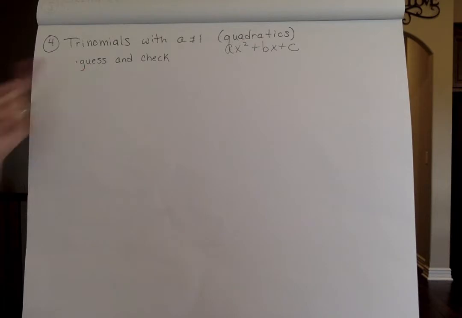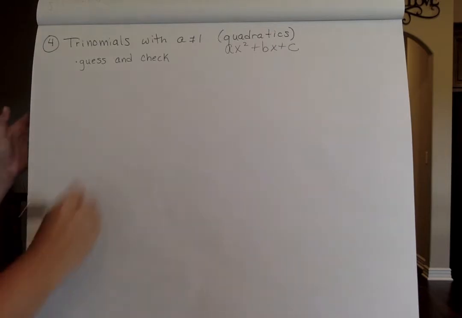I don't love this method, only because, in my opinion, when you get into some larger coefficient polynomials that are quadratics, it could take you quite a bit of time to guess and check if you're not very strategic about it. So that's why I don't love that one.